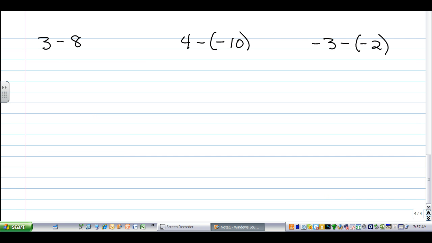Here we go. All right, write down 3 minus 8. Don't write down all those other little thingies that just showed up. Okay, 3 minus 8. And what is our rule? Say it with me. Add the opposite. Okay, so 3 minus 8 is going to be 3 plus a -8.